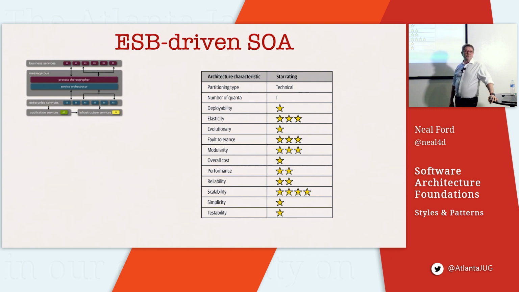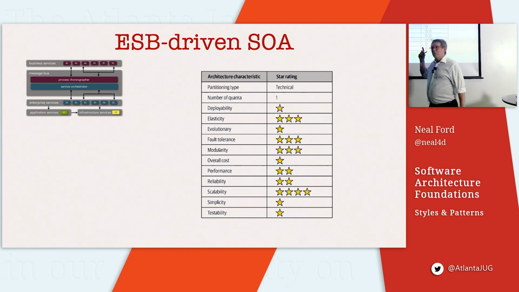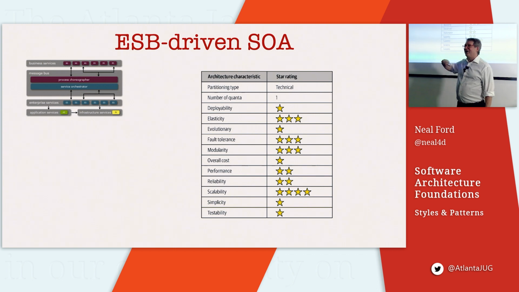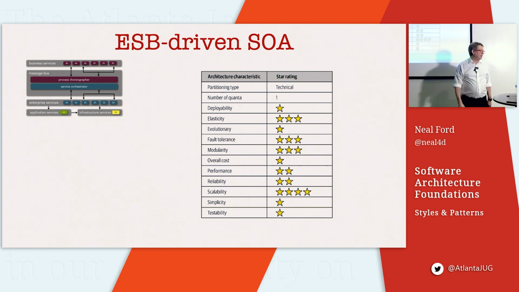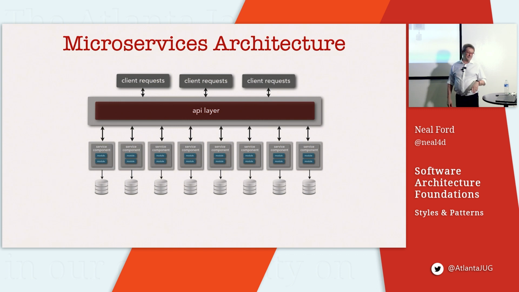Testability, this architecture was essentially impossible to test unless you're just testing the entire thing all the time. It's anti-simple. It is the most complex architecture. I don't think we'll ever build a more complex architecture because we went down that road and it's like, okay, that just did not work, that level of technical partitioning. And so not a lot of good in this architecture, mostly as a cautionary tale now.